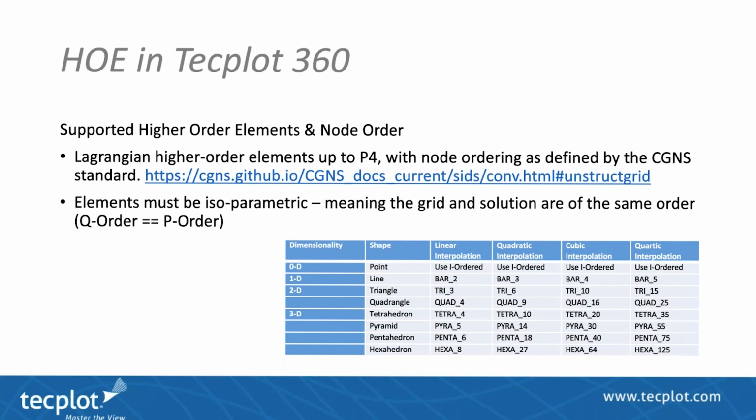There's a link there to look up the CGNS documents that describe this in more detail. Also of note, the grid and your solution data need to be the same order. It is possible to have a lower order grid in general with high order elements than the solution data, but we don't currently support that.